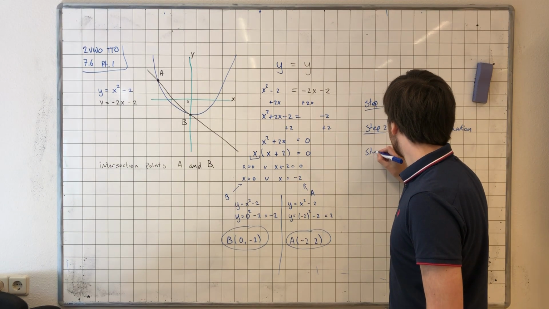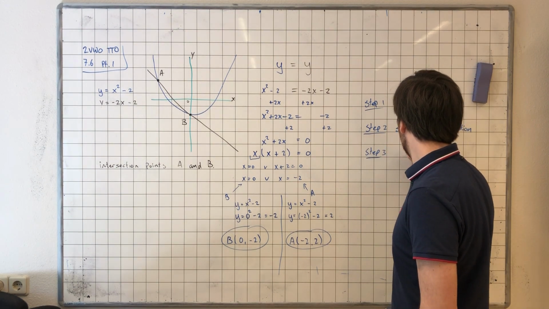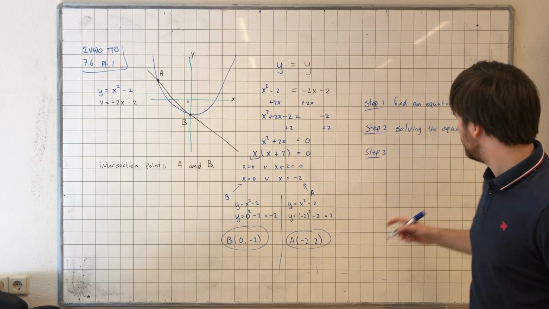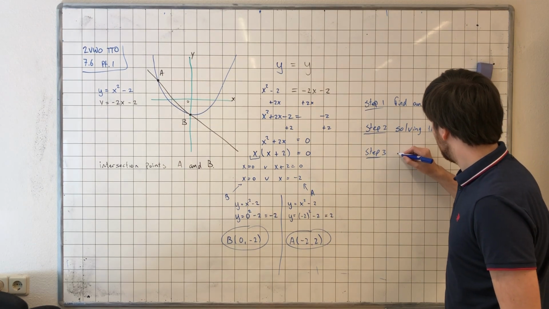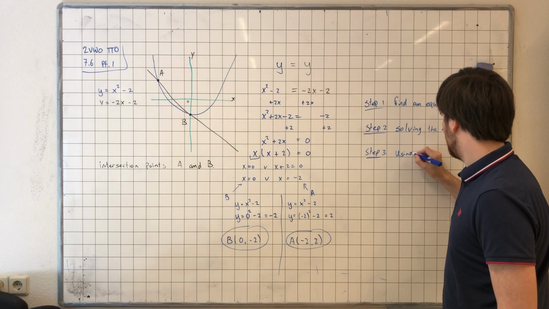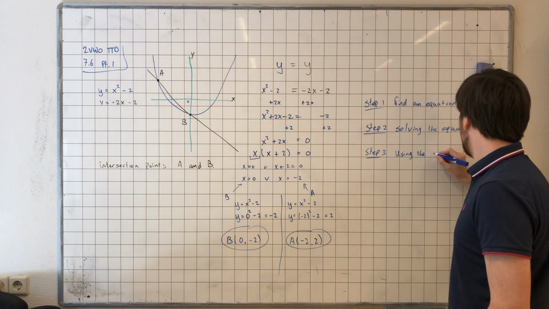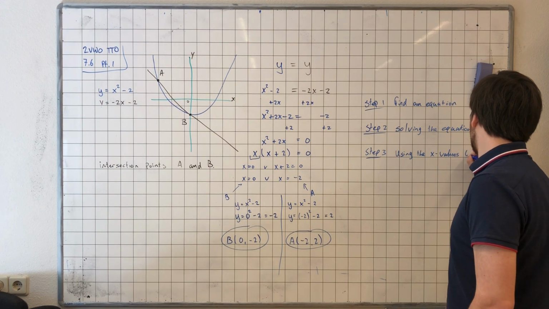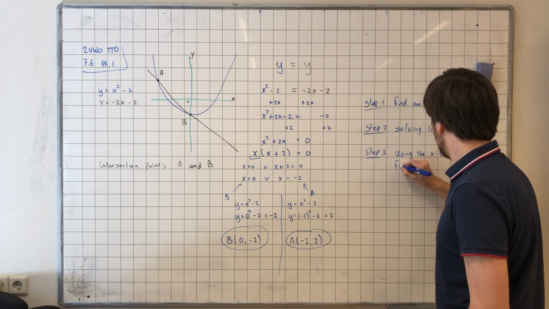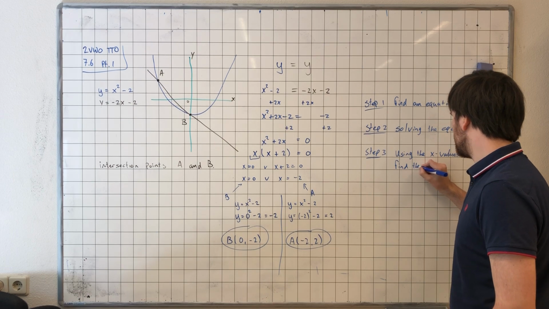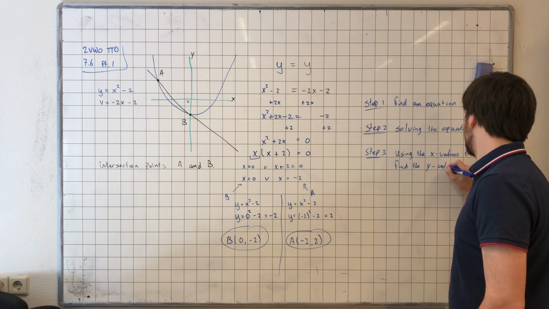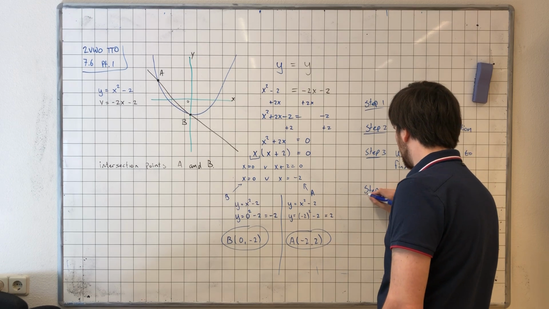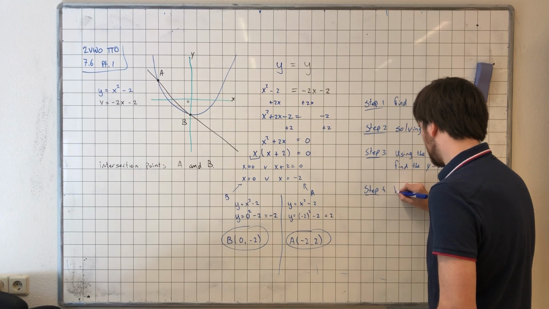Step 3 is using the x values to find the y values. Step 4, the last one, is just writing down the coordinates.